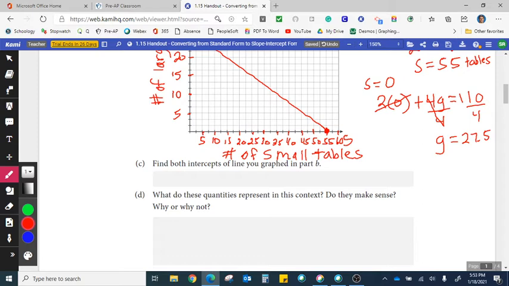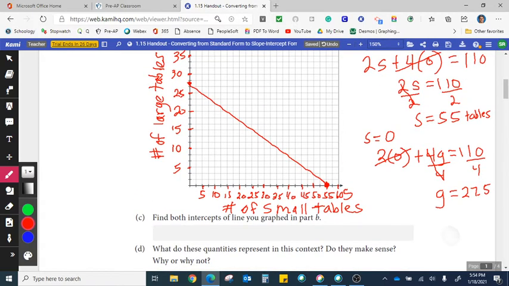It says find both intercepts. Well, guess what? We just did. We just found our intercepts right here. In this case, we'll call it S-intercept, because S represents the small tables. S-intercept is 55.